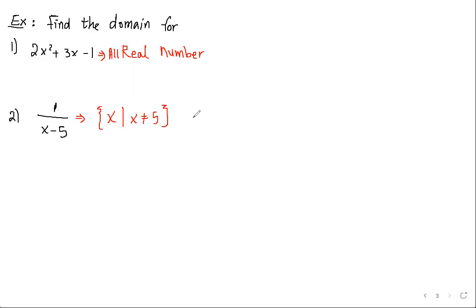This means all real numbers except number 5. Why? Because if I plug number 5 into this expression, it gives me 1 over 0, and 1 over 0 is undefined. Any questions so far?